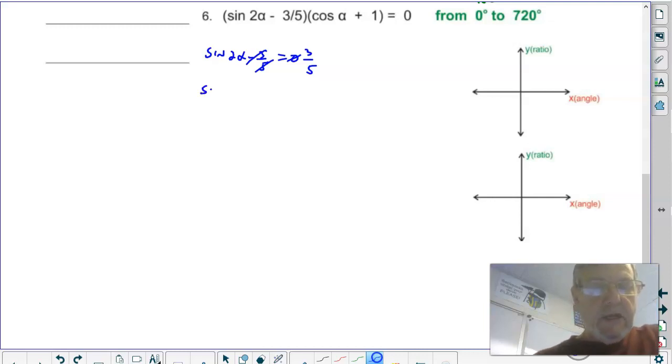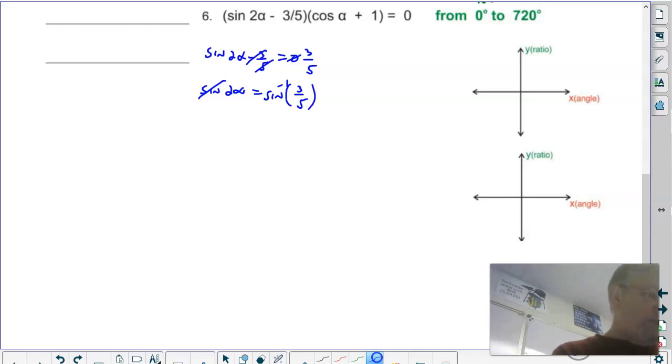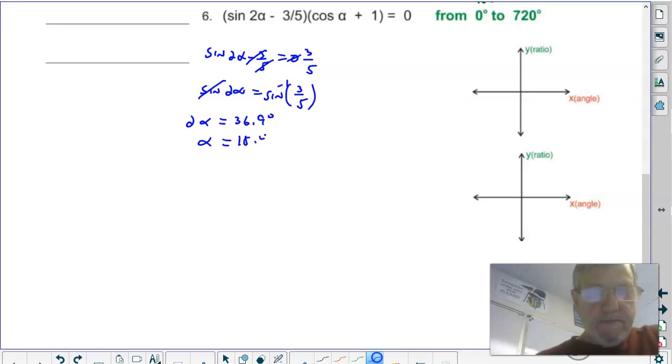So now I'm at sine 2 alpha equals positive 3/5, and then again, I'll do sine to the negative 1. So let's punch that in, 3/5, sine to the negative 1, and I get 2 alpha equals 36.86, etc. degrees, or 36.9. And now I'm going to divide by that 2. And so alpha is going to be approximately 18.4 degrees.